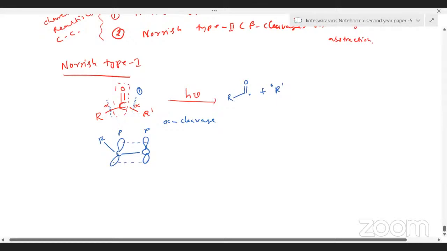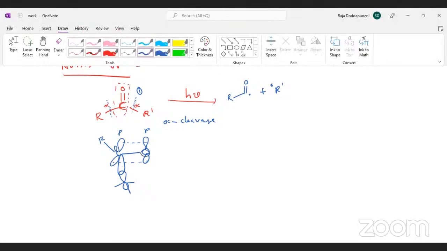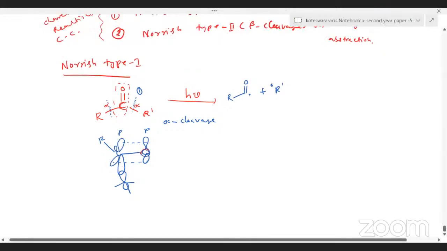Next, the sigma bond between them. This carbon has an sp2 hybrid orbital binding with the sp3 hybrid orbital of an alkyl group. Now look here: this oxygen is highly electronegative.